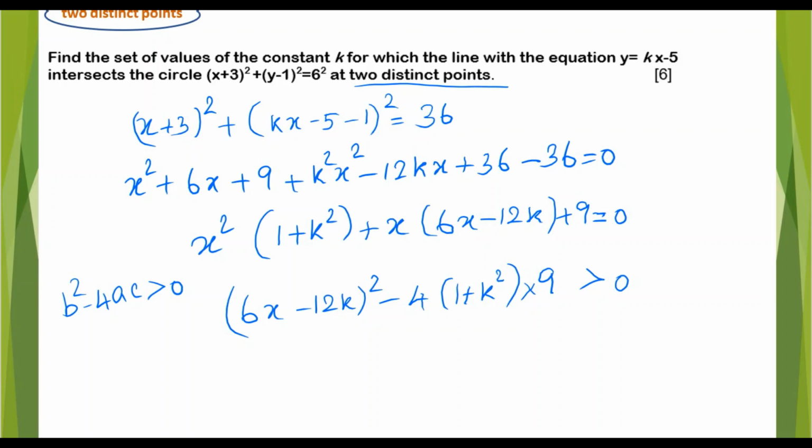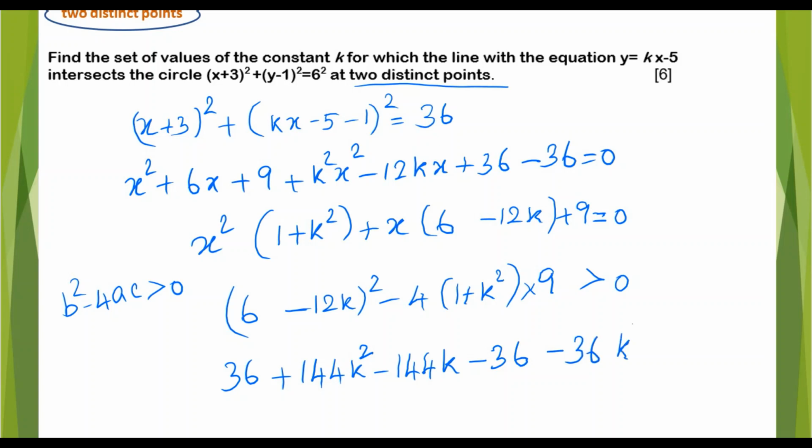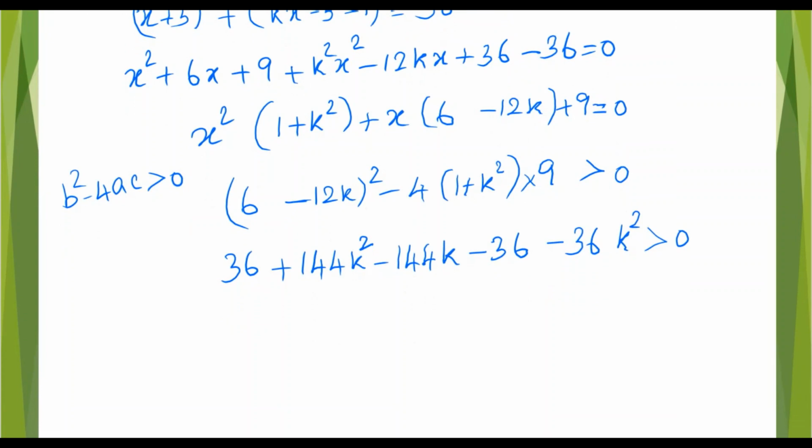So you will get 36 plus 144k square minus 144k minus 36 minus 36k square is greater than 0. Now simplify this one.